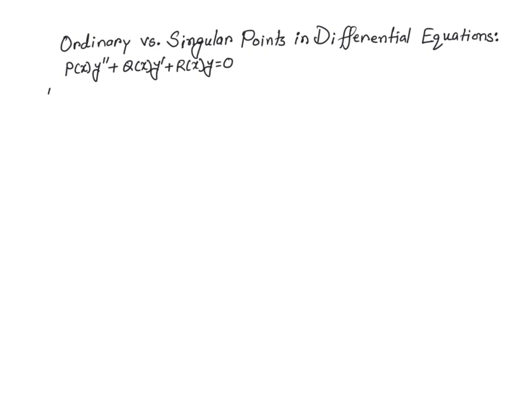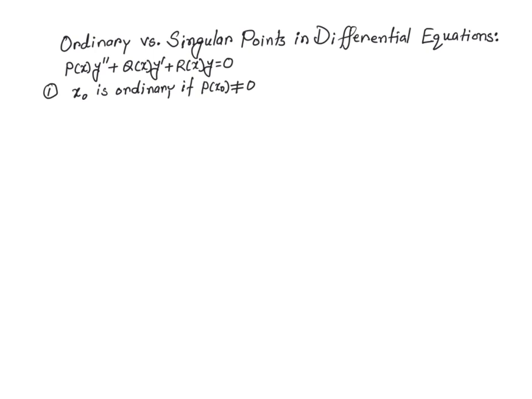So the first way is this. Very easy way. Let's consider a point x naught. A point x naught is ordinary if P of x naught is not equal to 0.